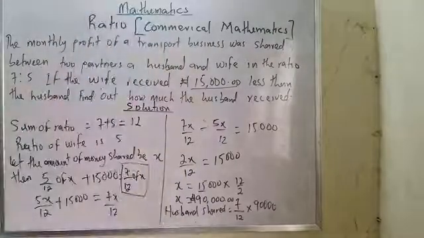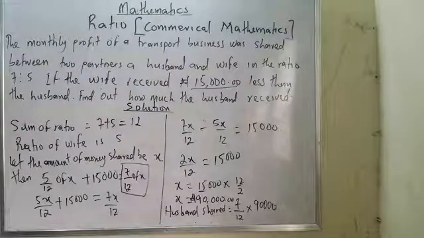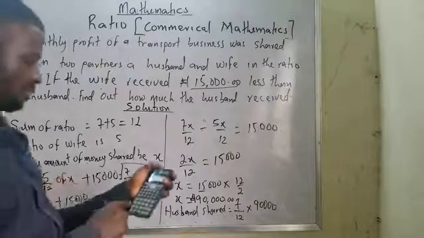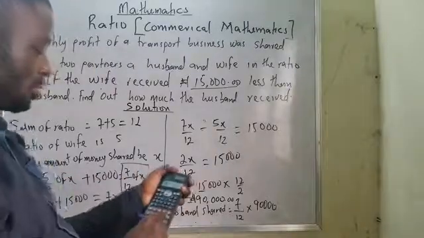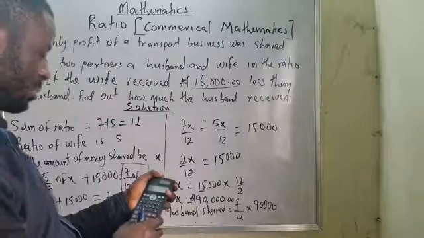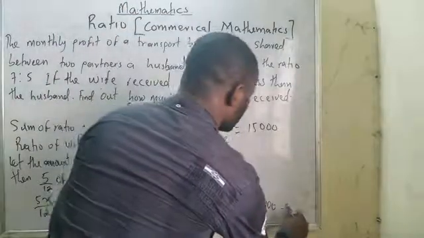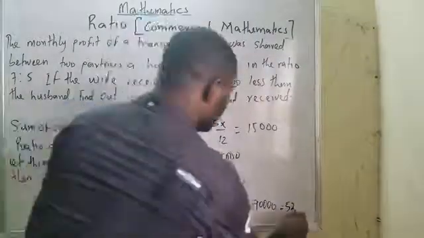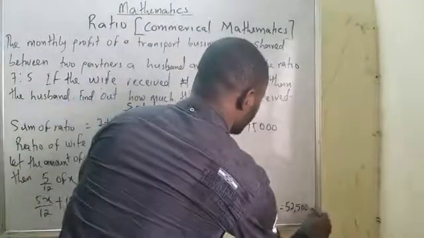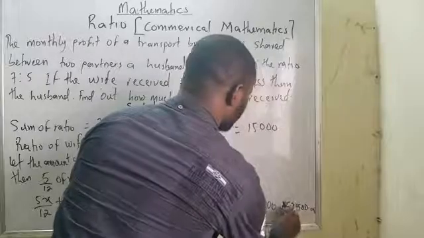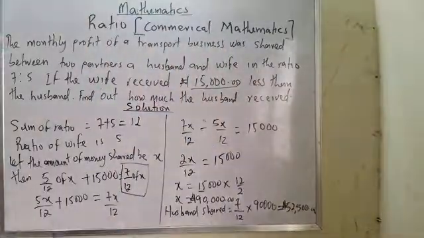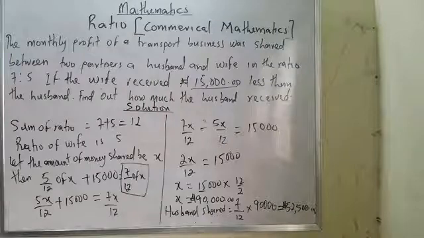Which I'll be having, it will be equals to 7 divided by 12 multiplied by 90,000, which is 52,500 naira. That is all. That is all you are to do.